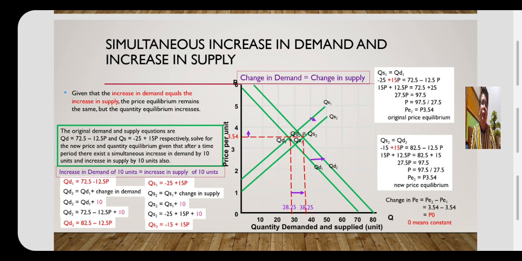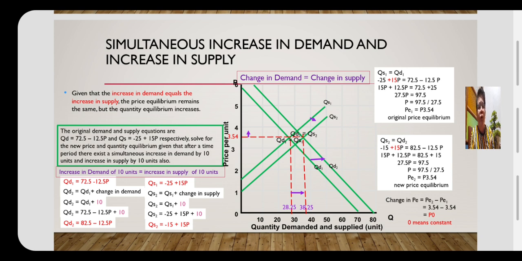So in order to determine the outcome of price equilibrium and quantity equilibrium, let us first derive the new demand equation and the new supply equation given their original demand and supply equations.